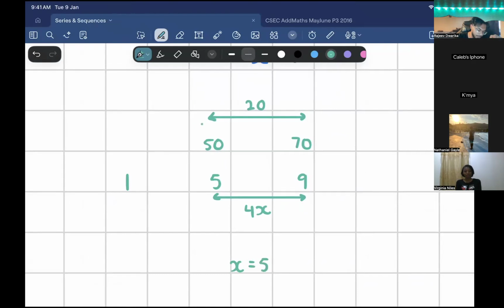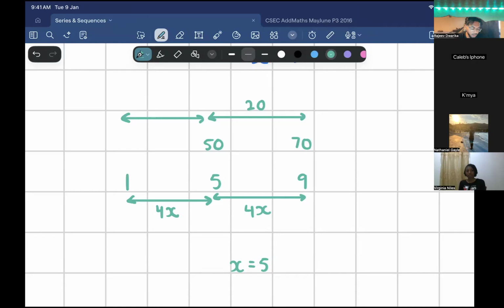And if you want to find the first term now, you would just backtrack 20. What's the difference between 1 and 5? 4. So that'll be 4 x's accounted for. But you're going backwards, so you wouldn't add the 4 x's, you'd actually take them away, since you're going from 5 to 1.